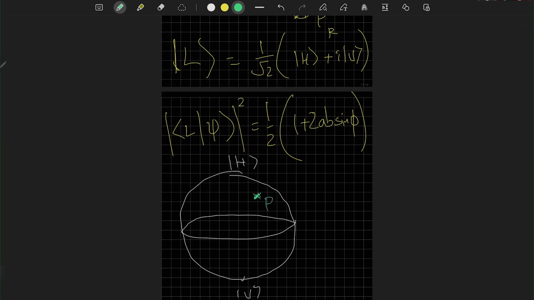Some point P. So in one measurement I choose this axis, the HV axis. In the first measurement, I have taken a horizontal-vertical analyzer, which really means I'm finding the projection of the state onto this axis. Okay, that's the first experiment.